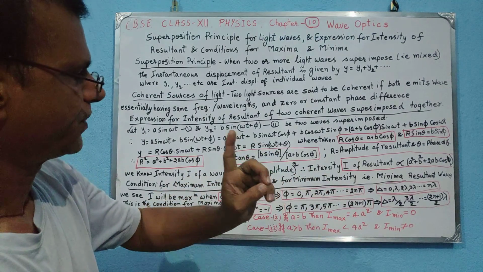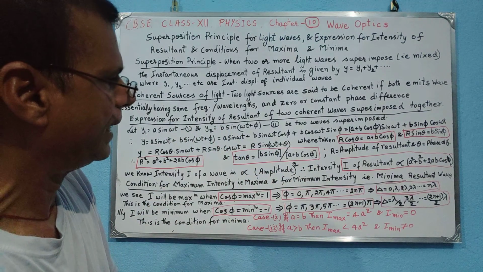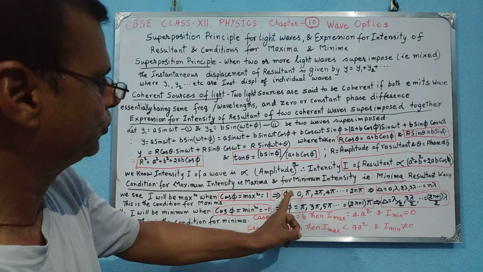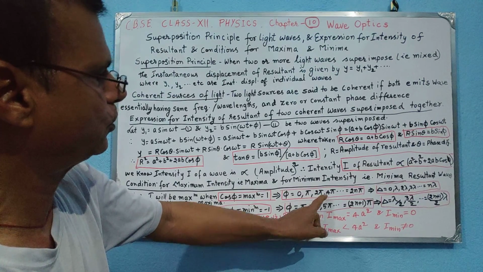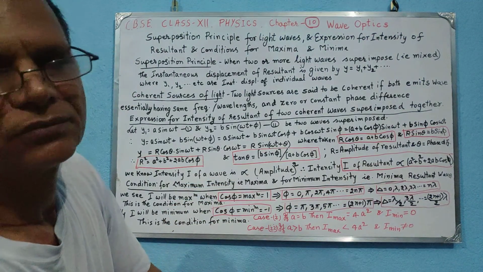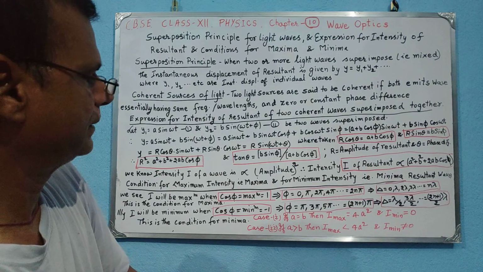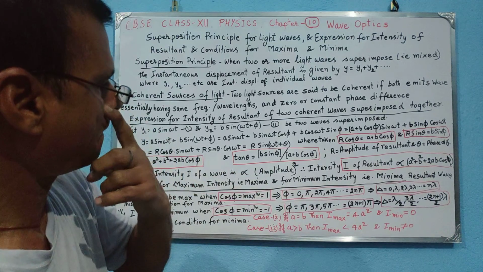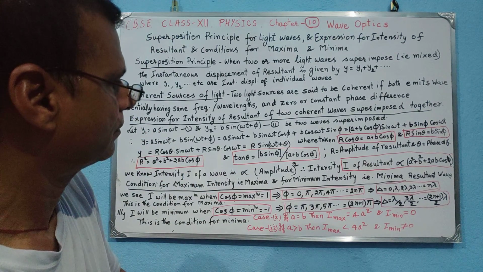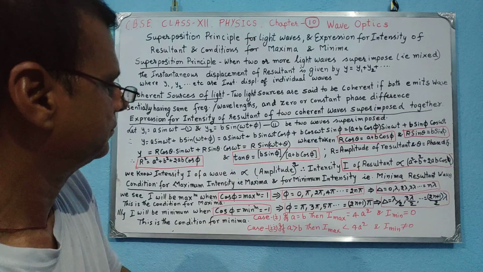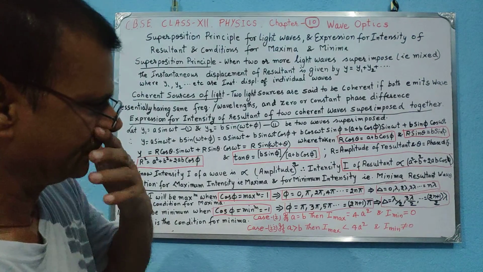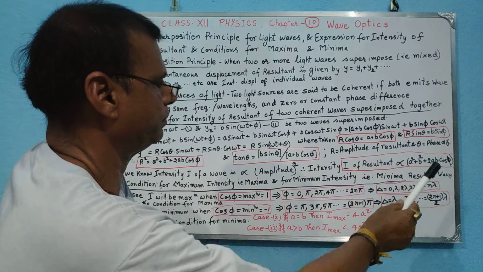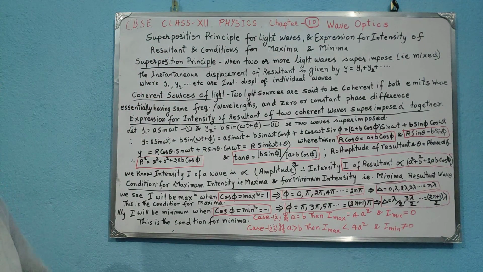You see, a 2 pi phase difference corresponds to one wavelength. That means the path difference should be 0 or lambda or 2 lambda or 3 lambda, etc.